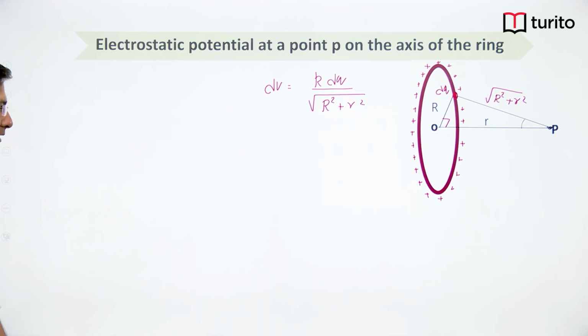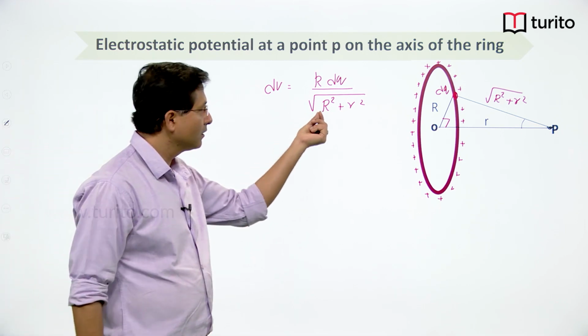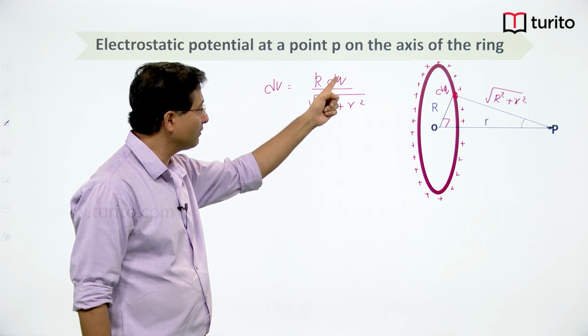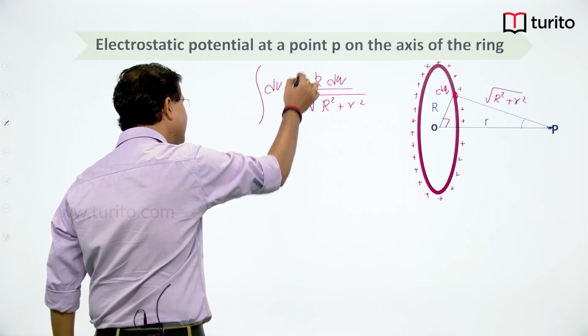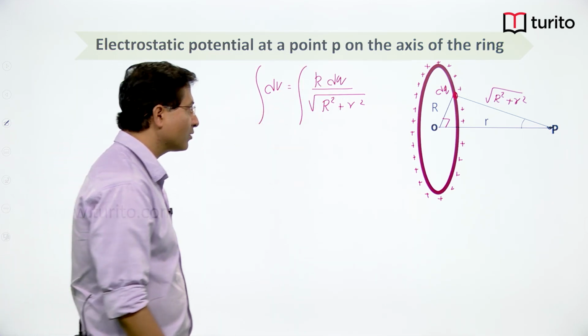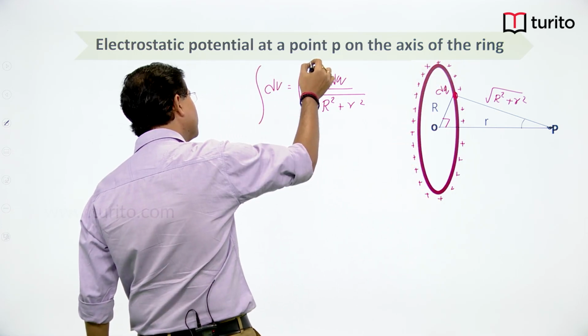This if I can integrate, I will get the potential, and you can see that all these terms which are appearing in the expression, these are all constant, only the variable is dq. So when I integrate this one, then I need to just integrate the total charge appearing on the ring. So 0 to q will be the total charge.